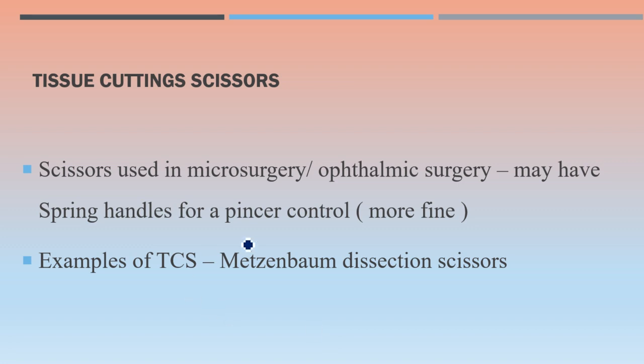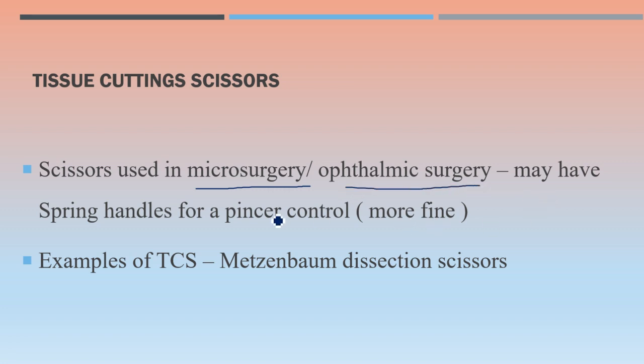Tissue cutting scissors are routinely used in laparotomies and other general surgery operations, especially open surgeries. These scissors can also be used in microsurgery where we are using magnification, for example ophthalmic surgeries.